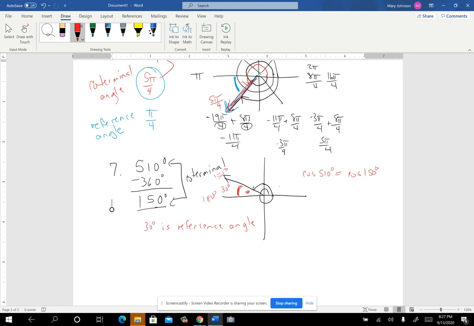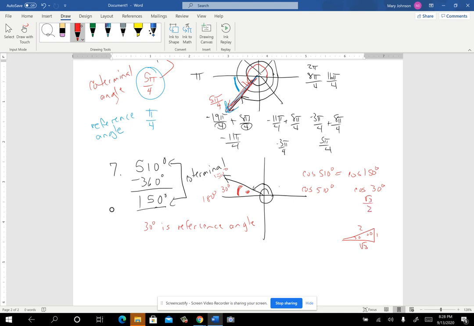But the cosine of 30 and the cosine of 510 are going to be the same number part. And we know the cosine of 30 because we know these 30, 60, 90 triangles. So the cosine of 30 would be square root of 3 over 2.